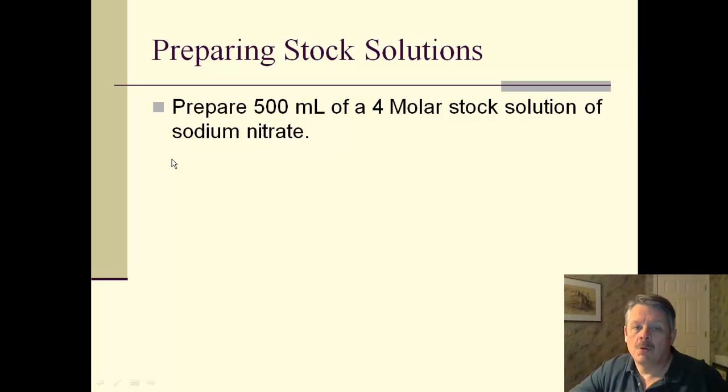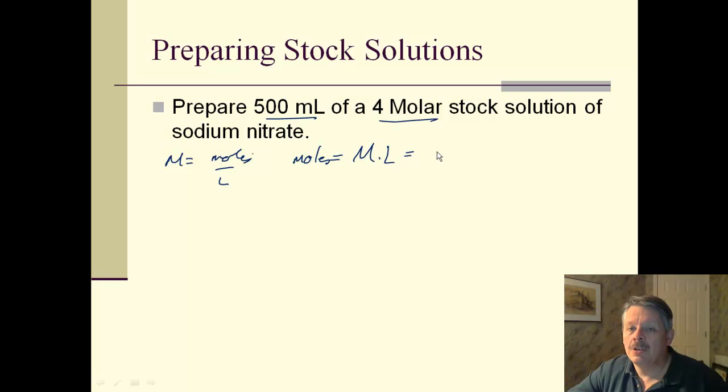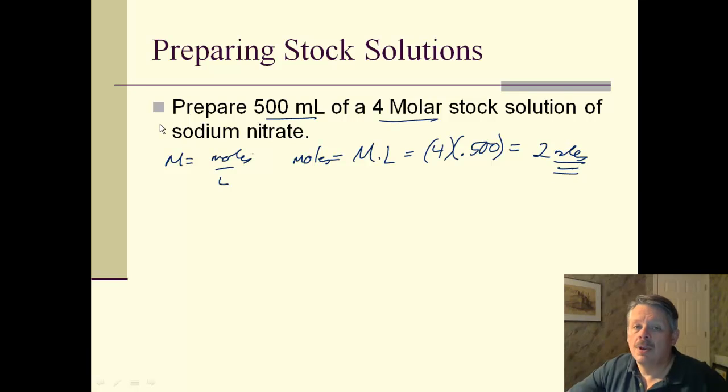So if I remember that my molarity is equal to moles divided by liters, well, I know liters and I know my molarity, so I need moles here. Right? So that would be moles is equal to my molarity times my liters, which means my molarity is 4 and my liters are 0.500. Right? So that's going to give me 2 moles.